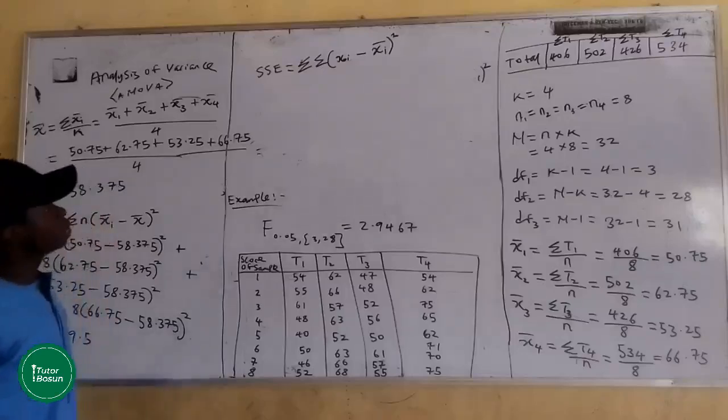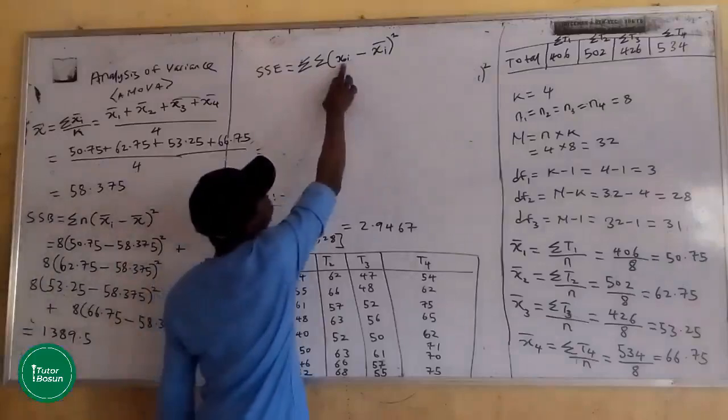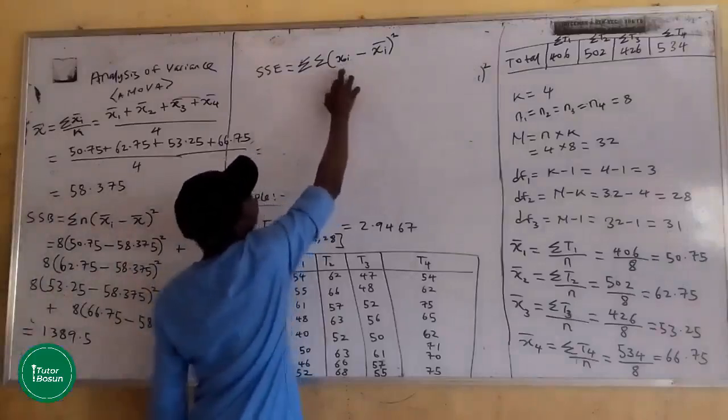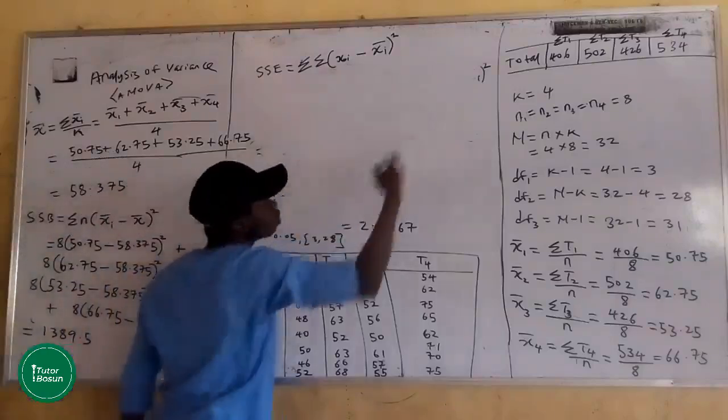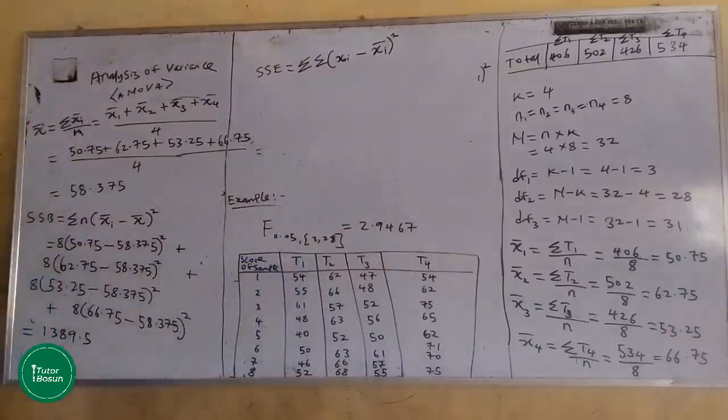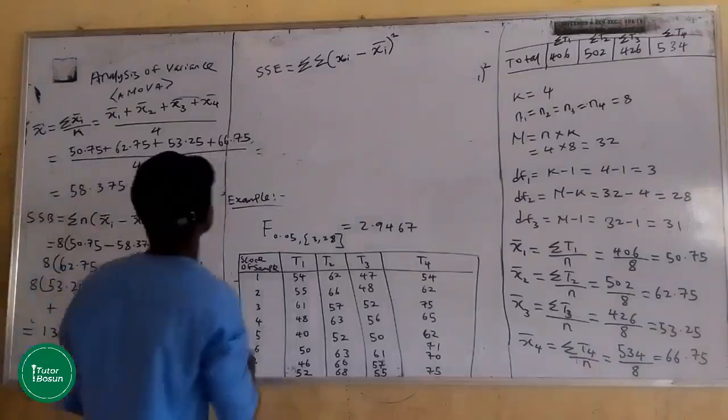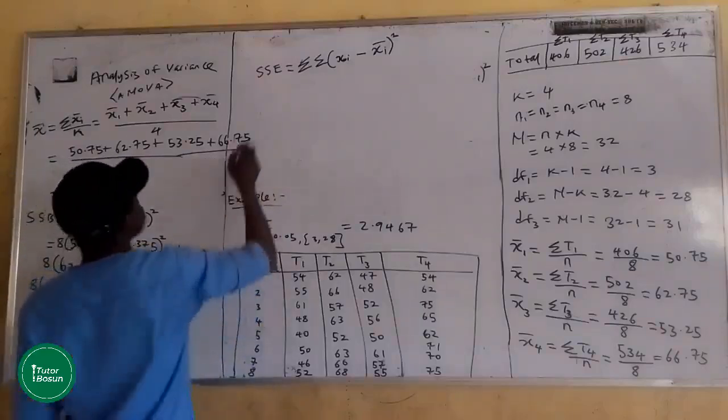We need to get our xi bar, so we need to subtract our xi bar from each of the values to get our sum of squares of error.